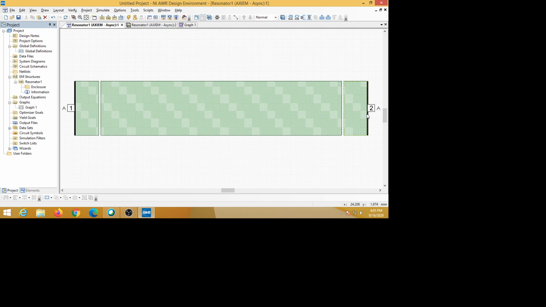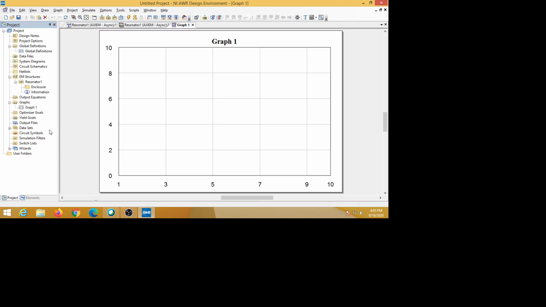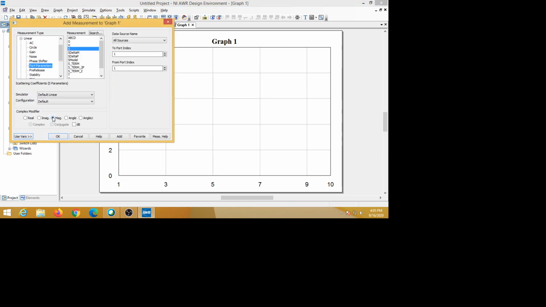That we have to plot here. So you go to graph, and in Graph 1, what measurement we want to do, that is the add measurement, you have to click on that add measurement.